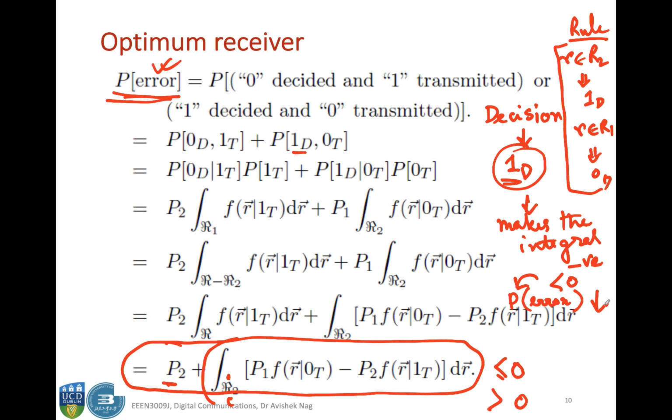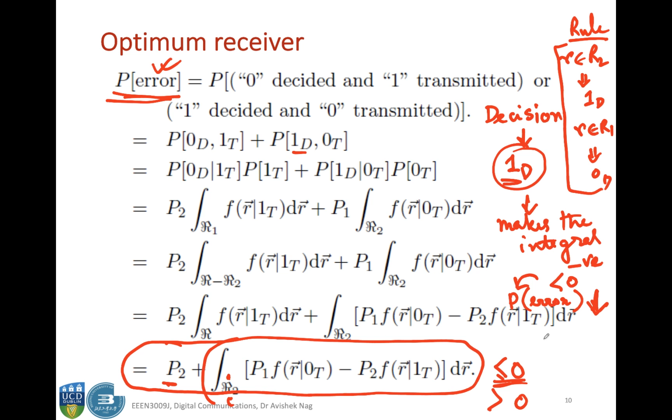That means you are making a right decision, because your ultimate target is to minimize this probability of error. So if you are deciding 1 and that is giving this term as negative, then your probability of error is getting reduced further and you are getting an advantage.